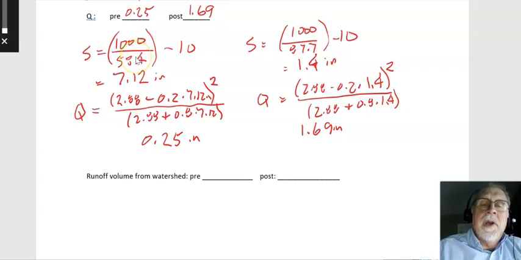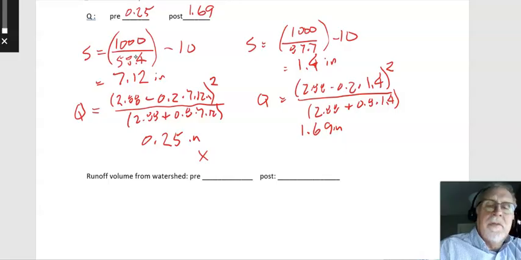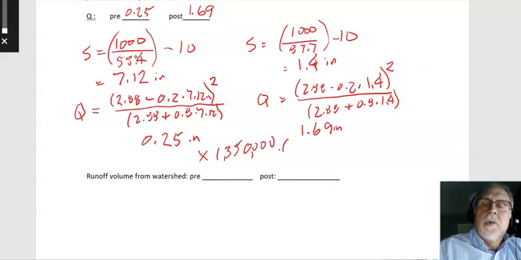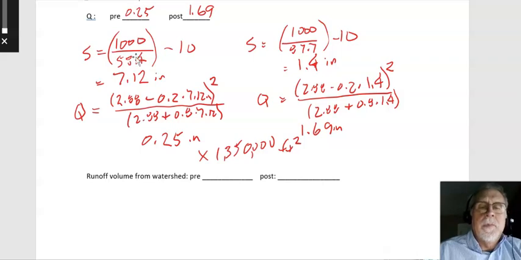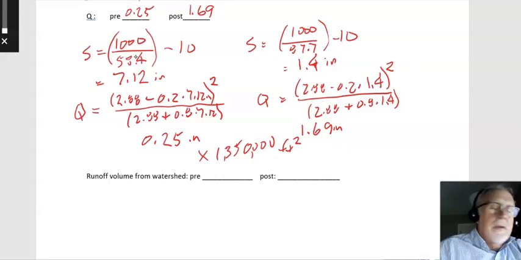So what's the volume I have to handle? If I multiply that by the area of 135 and 4 zeros square feet, the pre-development is 27,776.